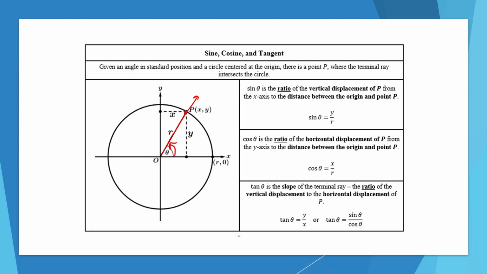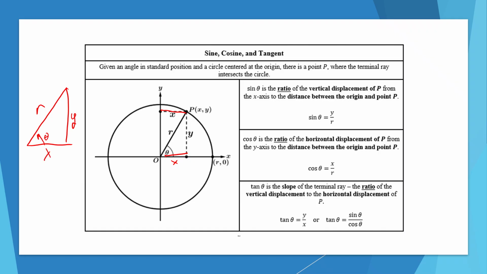If we think of this as a right triangle, with this being r, this being y, and this being x, let me redraw this triangle separately so it makes a little more sense. Here this is our theta, this is our radius, this is our y, and this is the same value as x.